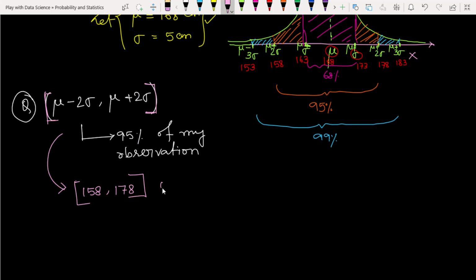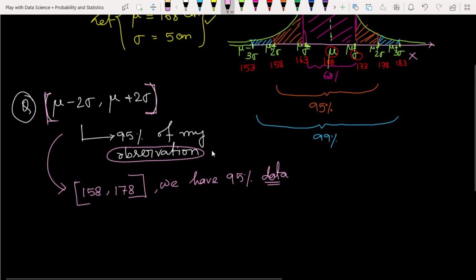In that range we have 95% of the data; instead of observations, I am saying data.